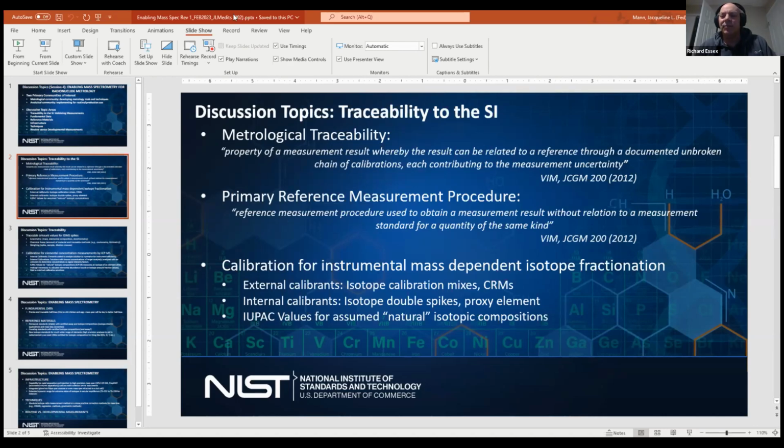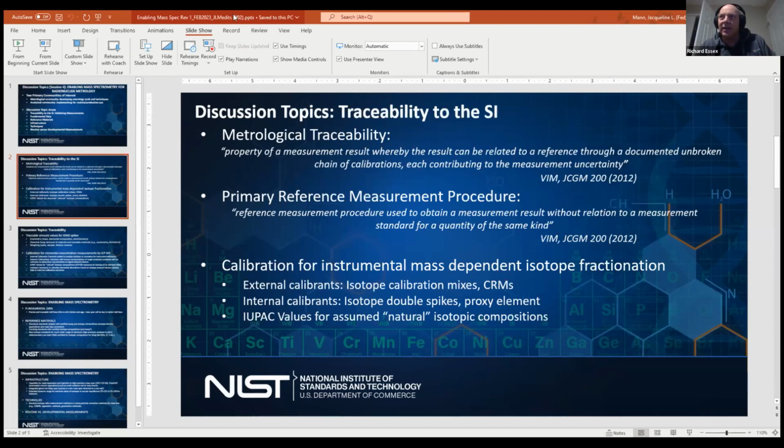I can give an example for some reference materials you're producing: the early NIST U series was made by gravimetric mixing of highly enriched uranium-235 and highly enriched uranium-238, so it was essentially gravimetry to produce the isotopic ratios that were being sought.